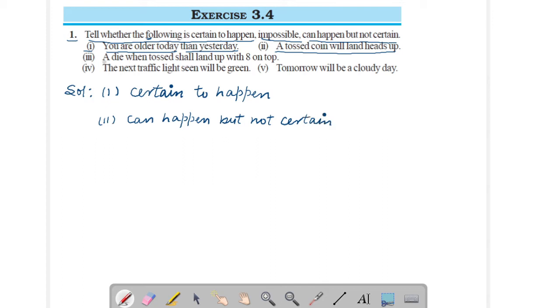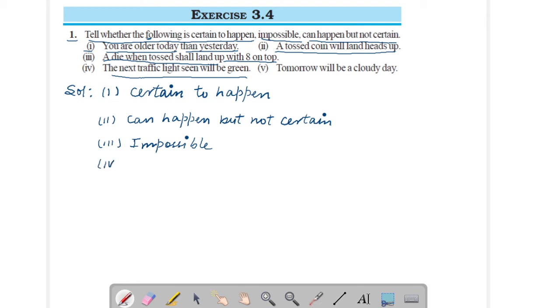Then third part: a die when tossed shall land up with 8 on top. We know that on a die only 6 numbers are there, 1, 2, 3, 4, 5, 6. 8 will never come. Therefore this event is impossible. Here your answer is impossible. Then come to the fourth part: the next traffic light seen will be green.